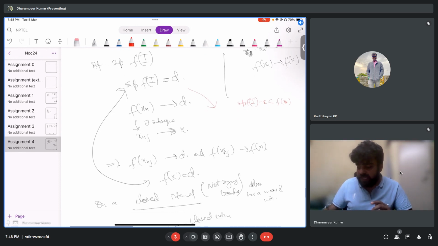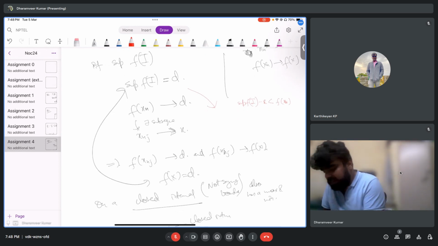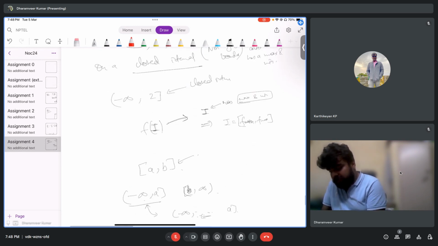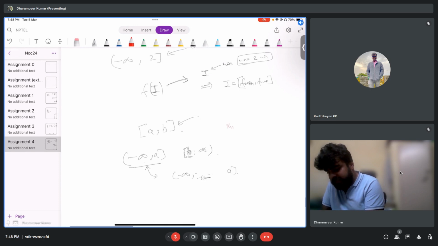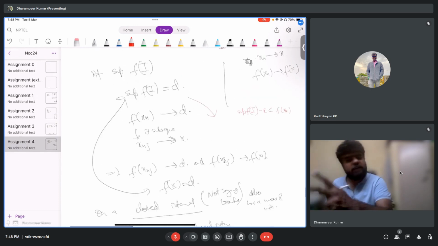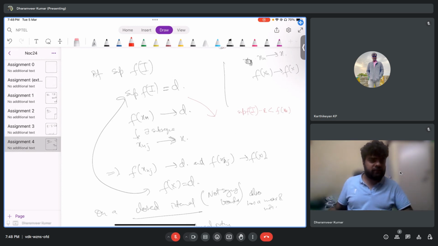So that means again there is an xn, right? f of xn goes to D, so there is an xn. Again, same logic: there is a sequence inside all these three. I can always find a subsequence which converges to some x. I don't know what x that is. These are called existence proofs.